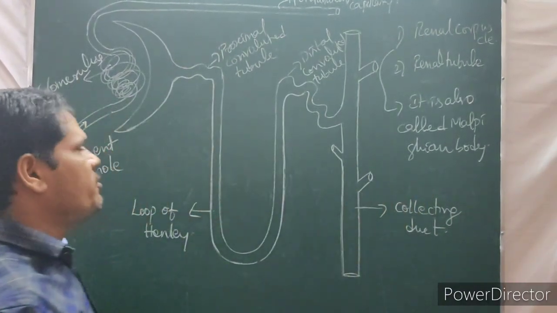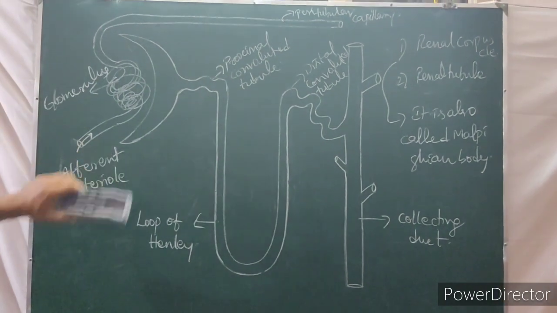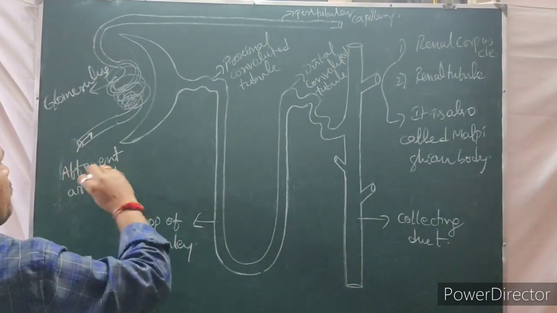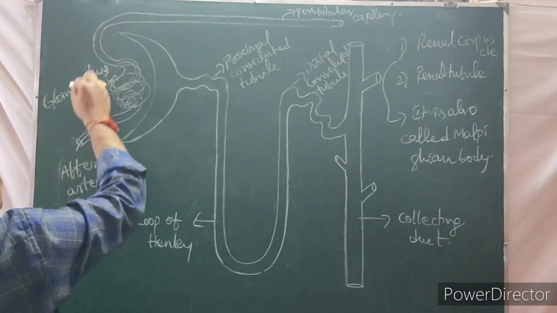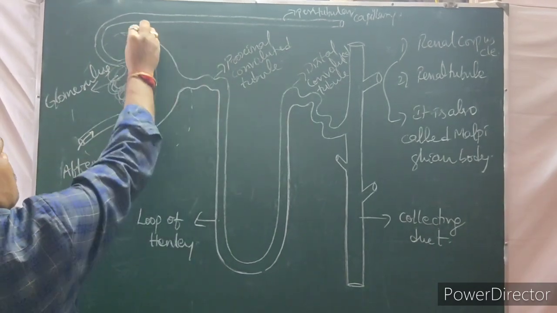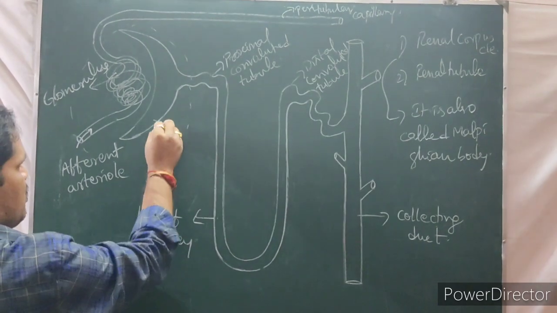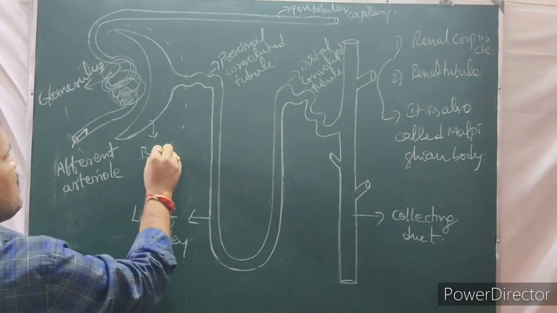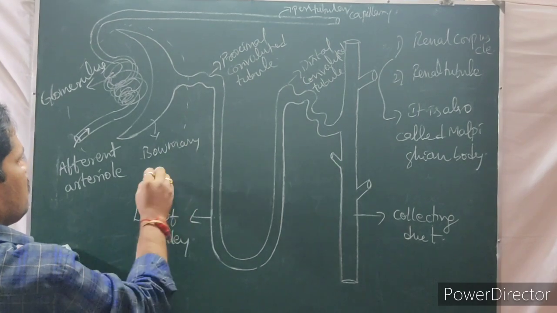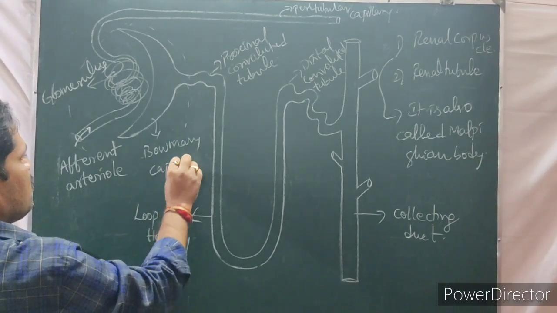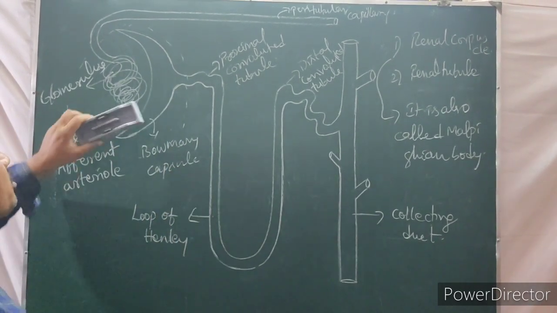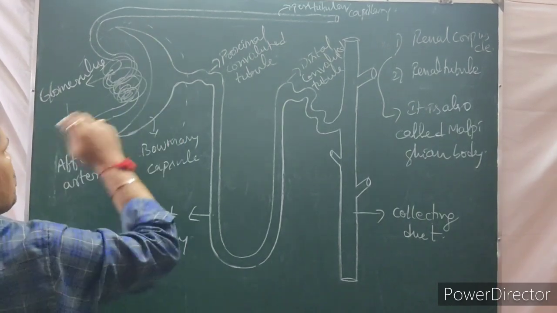If you see here in the diagram, it is the Malpighian body. In this Malpighian body, two important parts are there. The first one is the Bowman's capsule. What is the Bowman's capsule? It is a cup-shaped structure.